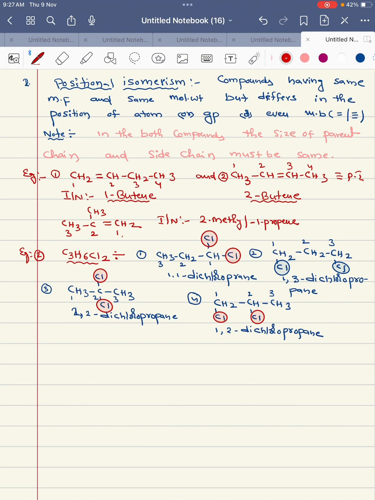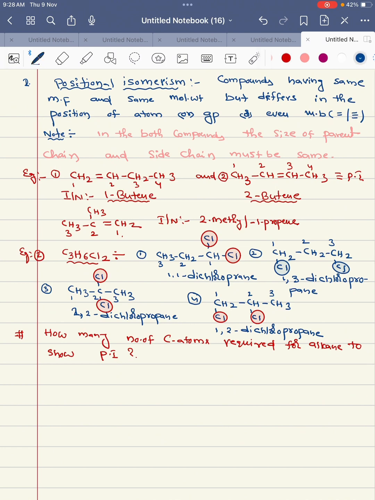See, what are they going to ask you in that? The question is, how many carbon atoms are required for alkanes to show positional isomerism?